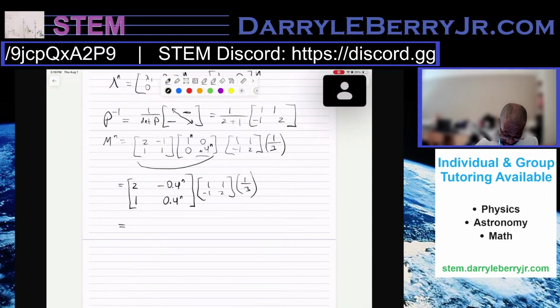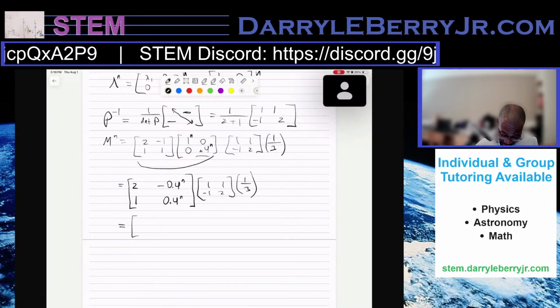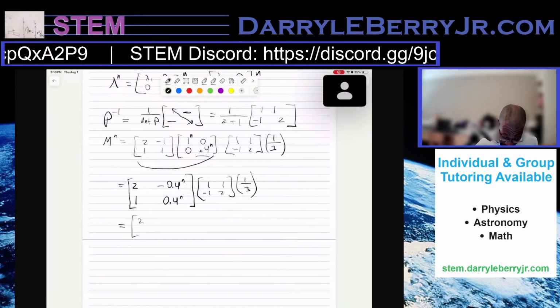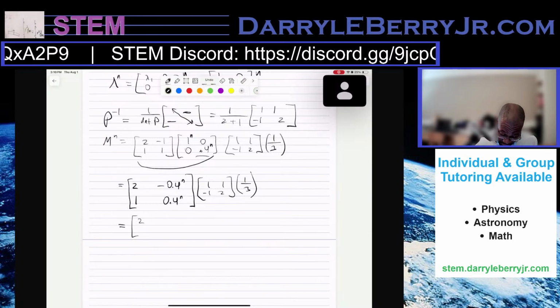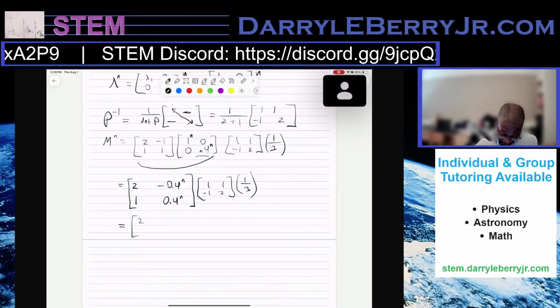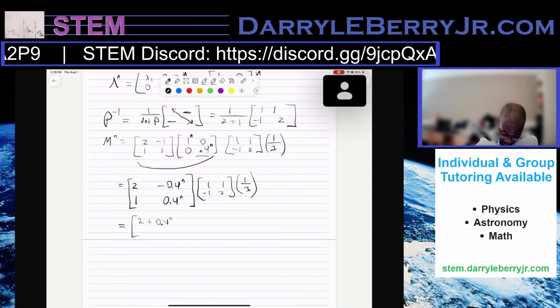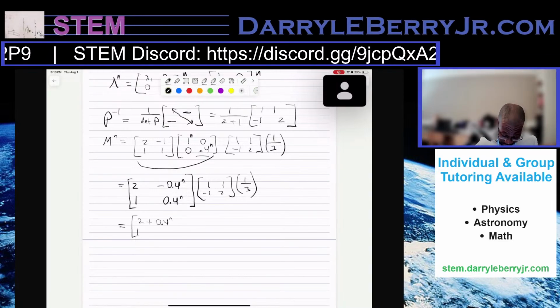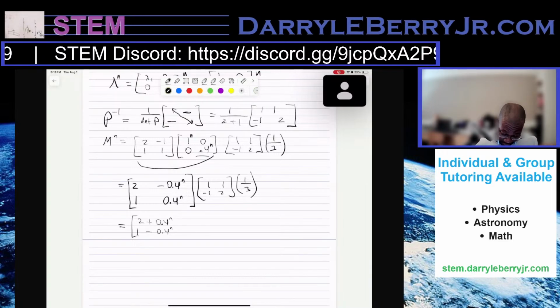So now I'll go ahead and multiply this second one, since the 1 is not going to do anything. And we're going to have 2 minus negative 0.4, so that's plus 0.4 to the n. And then it's going to be 1 minus 0.4 to the n.